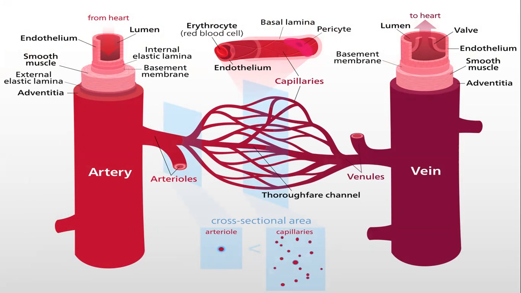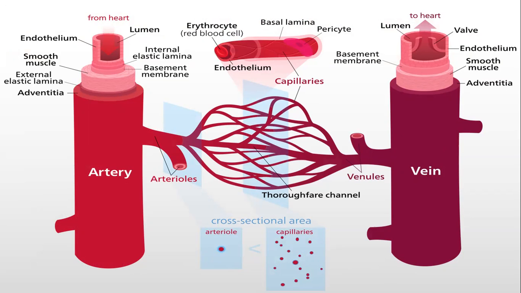Then the artery has an elastic layer or elastic tissue that can be separated into two, the internal and the external elastic lamina. And it is also composed of smooth muscle, or this is the tunica media.